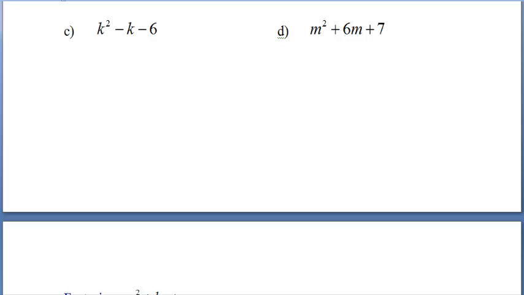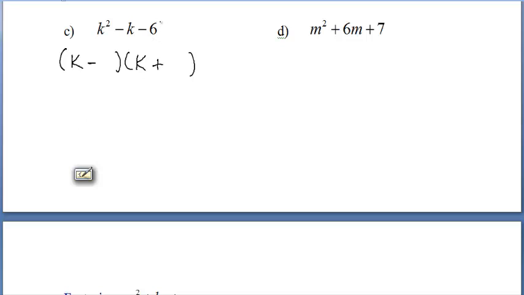Our next example, k squared minus k minus 6. Our GCF for this problem is 1, so we'll go ahead to the second step and write down our pairs of parentheses. Since the sign of our last term is a minus, one of our factors will be negative and the other will be positive, because a negative times a positive is a negative.